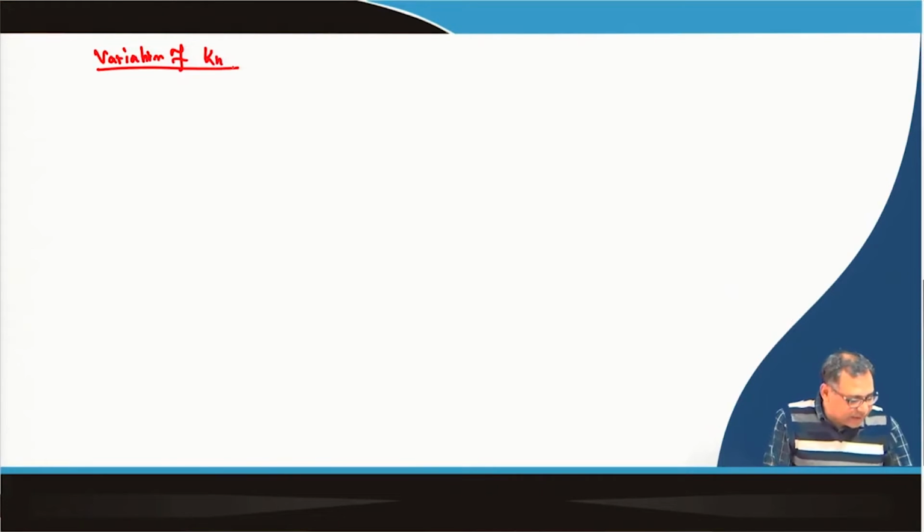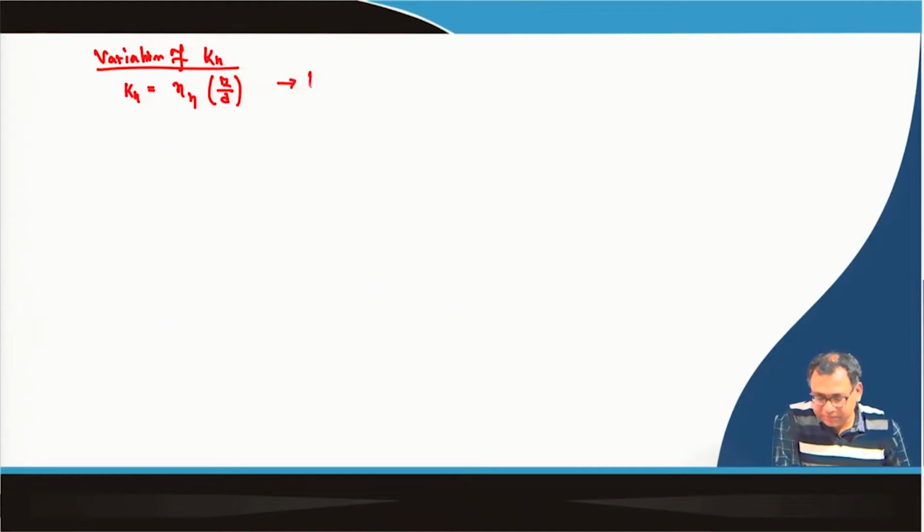Variation of kh can be of different types. So, kh is equal to eta h into z by d. That is one variation we have already used. This variation is linear, so kh is varying linearly with depth. So, this is the previous solution.